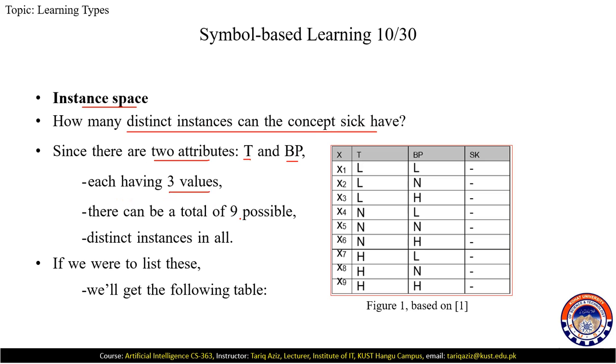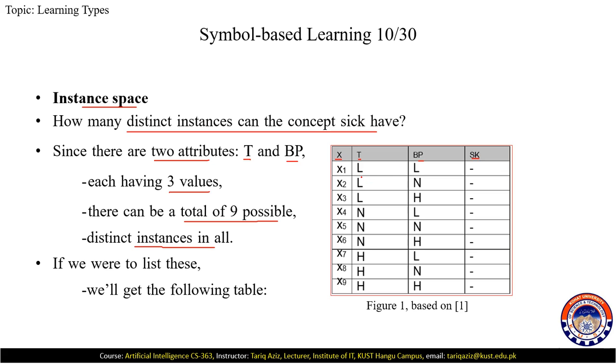So how many possible values will we have? We will have a total of 9 possible distinct instances. If you look at the table, this is our instance x, this is the temperature, this is the blood pressure, and this is the sick, which is our concept.